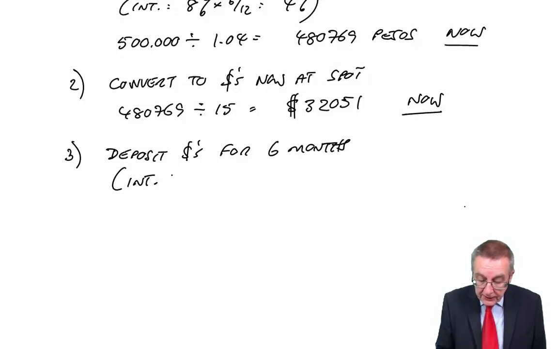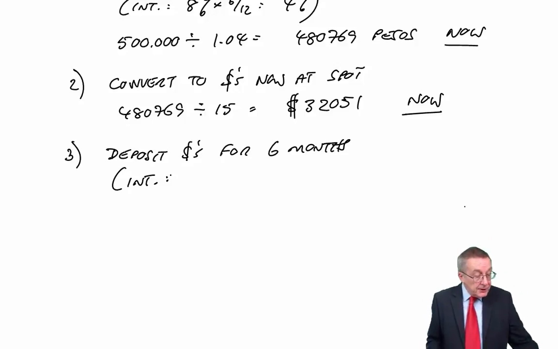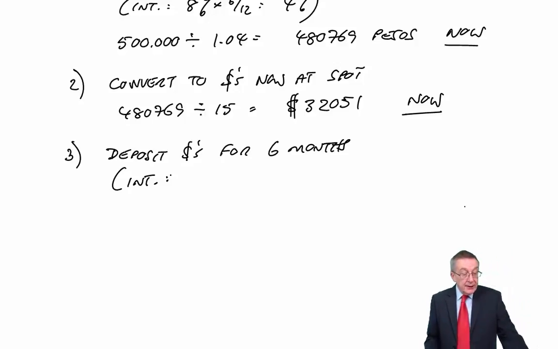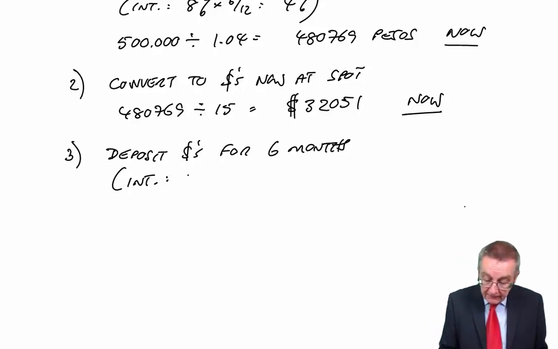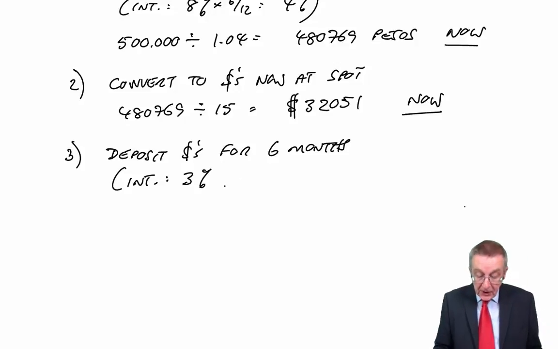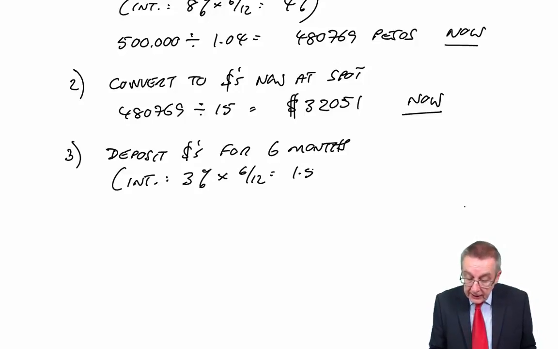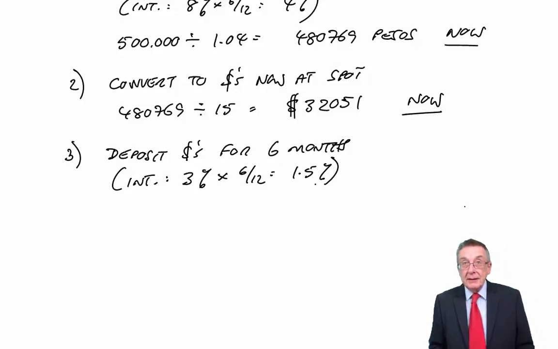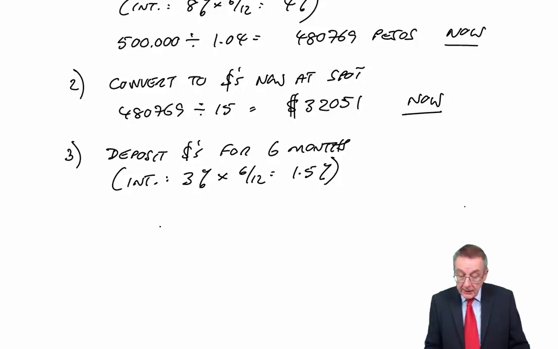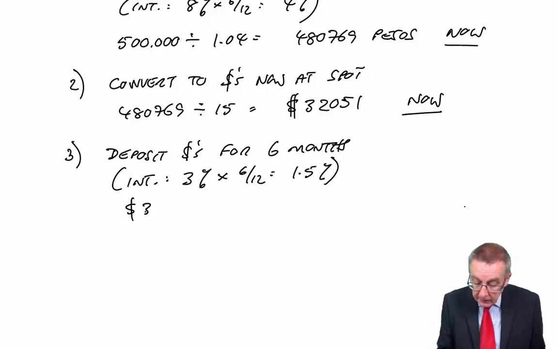We'll earn interest. The deposit interest rate in the home country, which is dollars, is 3% per year. We're only depositing for half a year, and so we'll earn interest of 1.5%. And so how much will our deposit have grown to? It was 32,051.